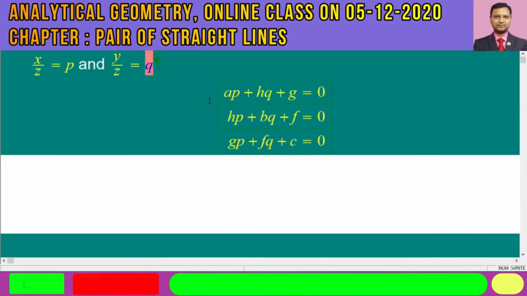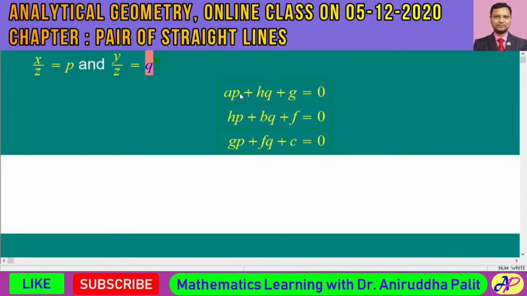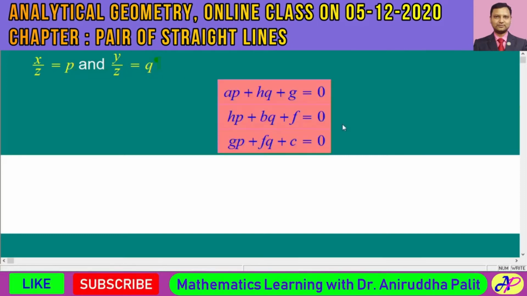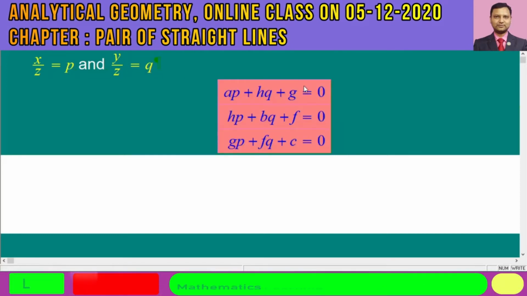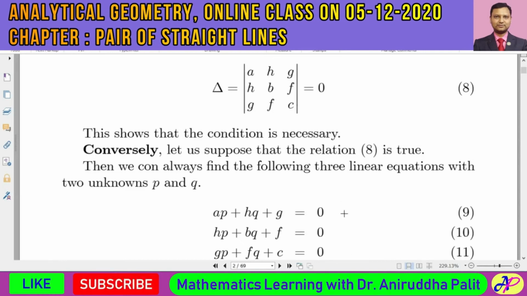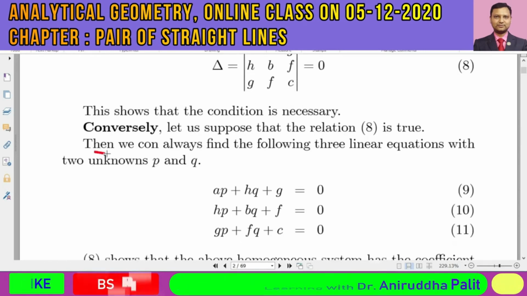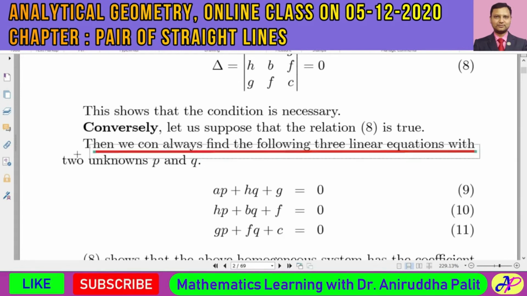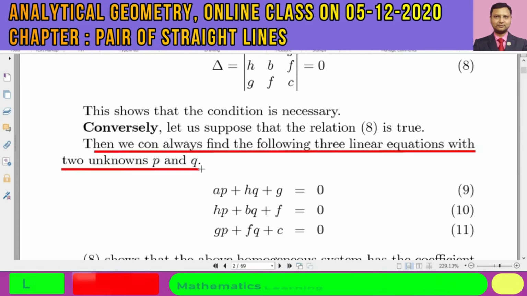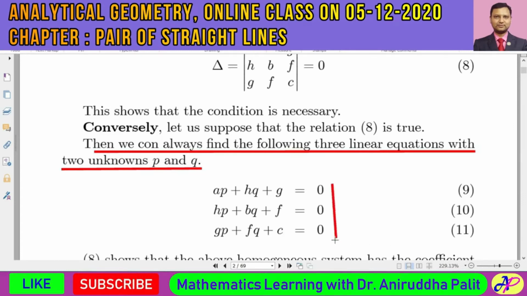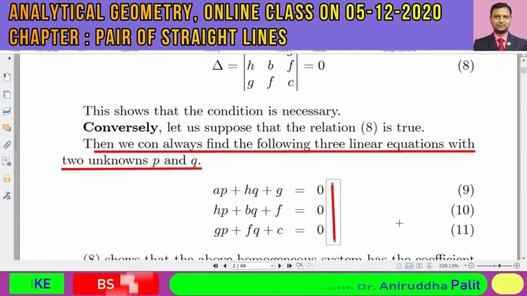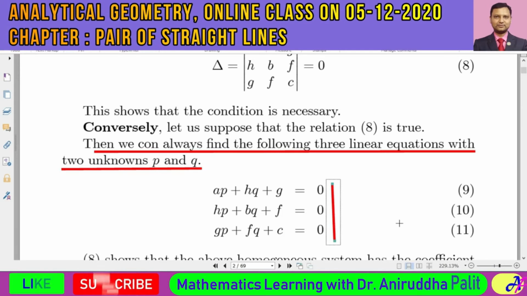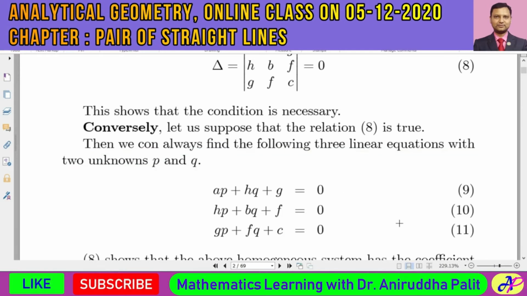That's why we can say that if delta is equal to 0, then we can find p and q satisfying these three equations, and that is written as a single line over here. Then we can always find the following three linear equations with two unknowns p and q satisfying these three equations. Got it? Is it clear to you?